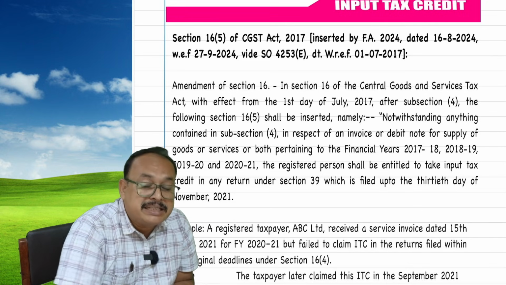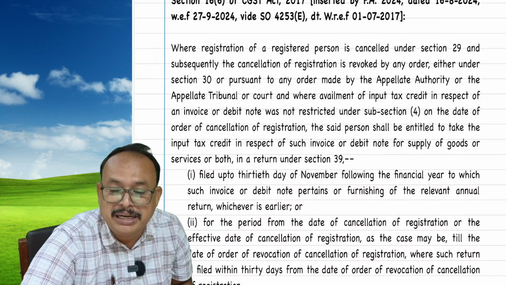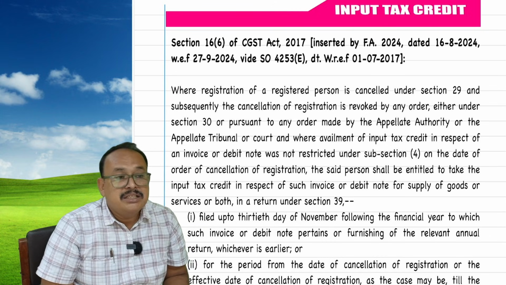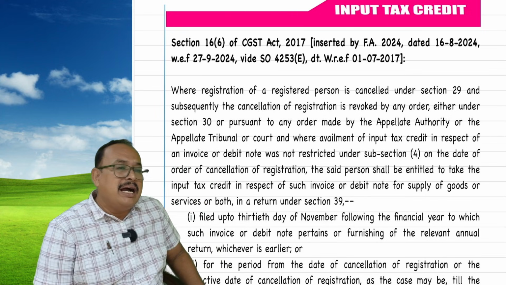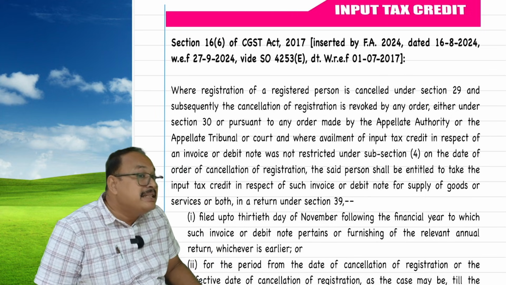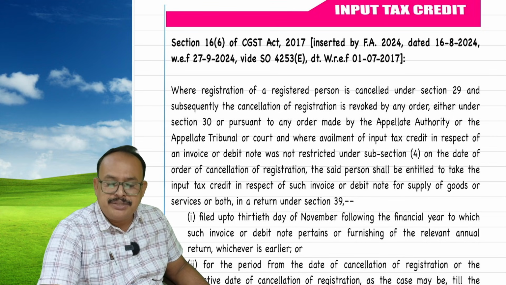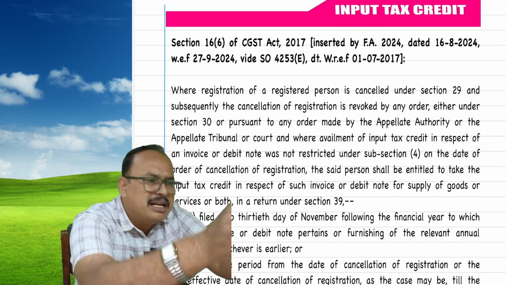So Section 16, subsection 6 has its own importance, and Section 16, subsection 4 has its own identity, to avail the ITC. What does Section 16, subsection 6 talk about? Sir, your registration has been cancelled.